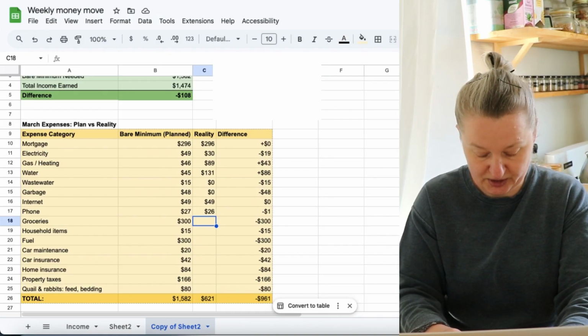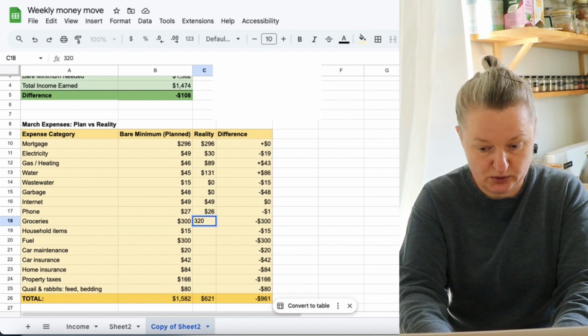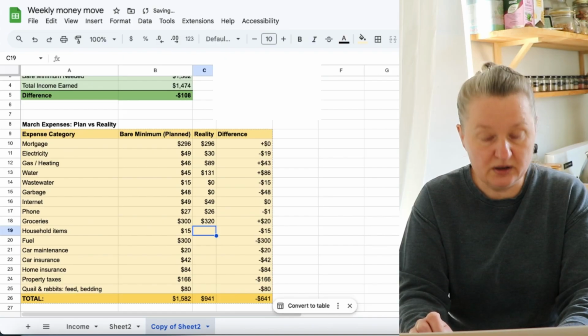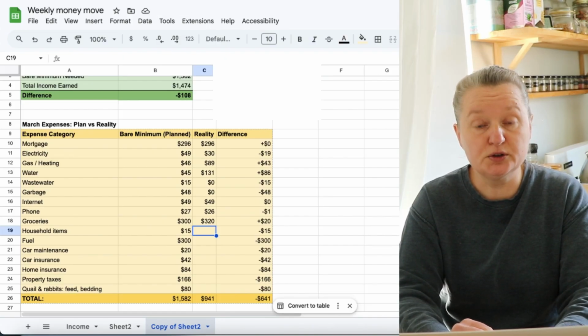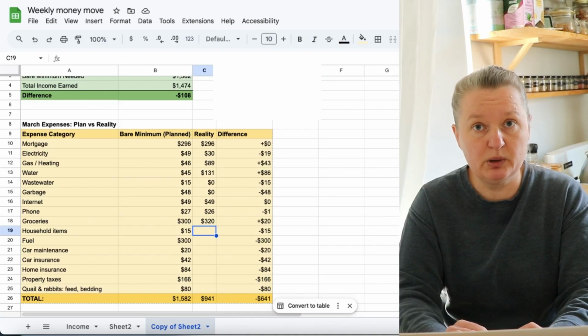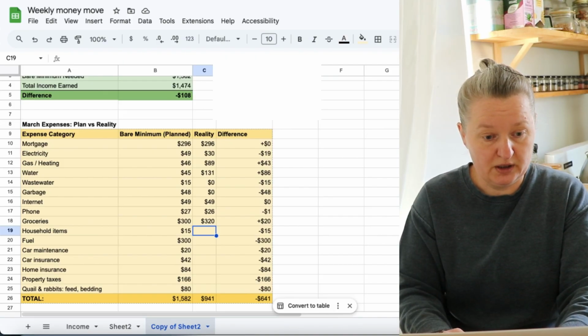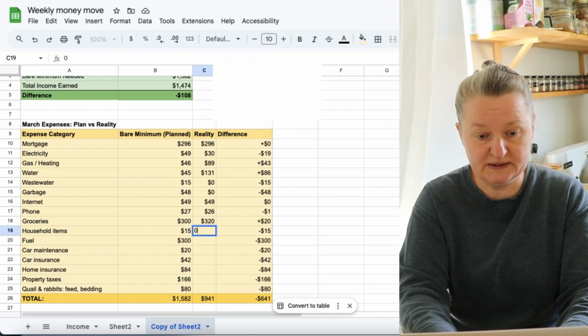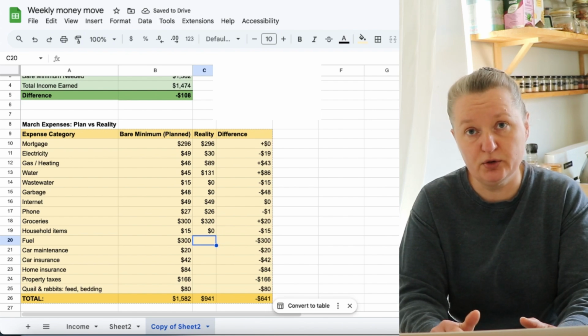Talking about groceries, I spent $320 between Walmart and Aldi, but that amount includes household items. I didn't separate household items from the groceries, and all of them went on the same bill. In the future, I will separate them on a different bill. So right now for household items we place 0, but I spent about $20, $25, $30.